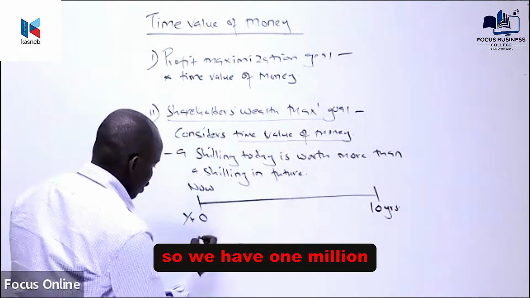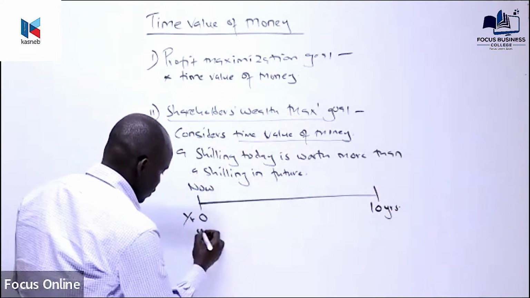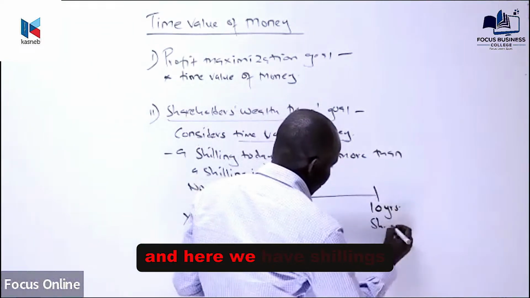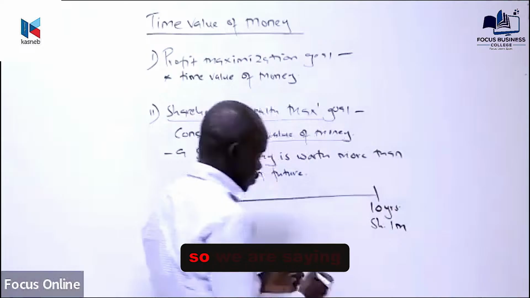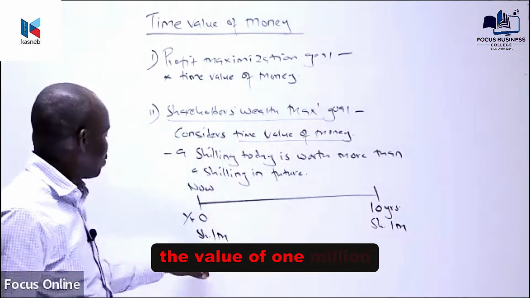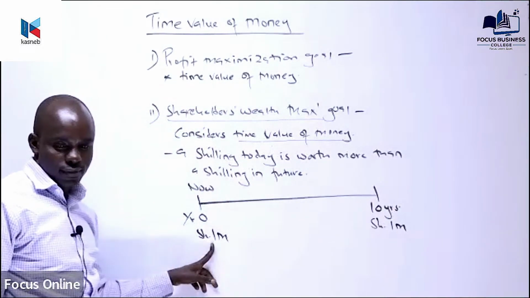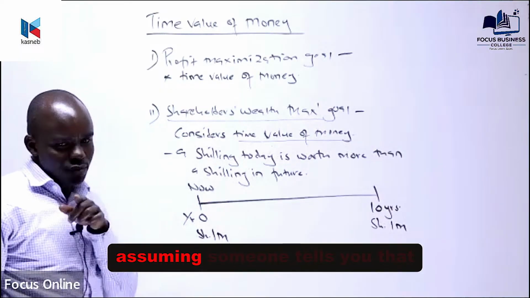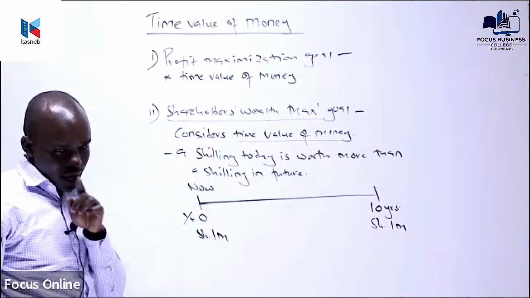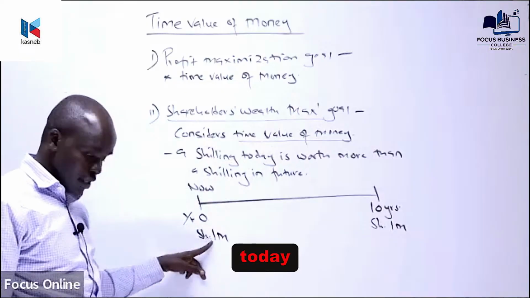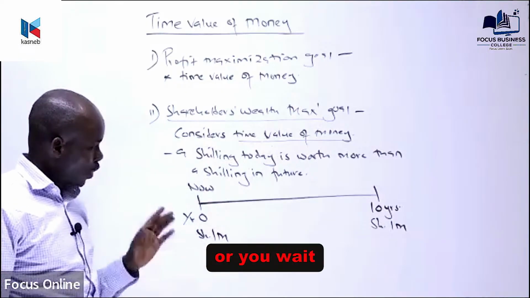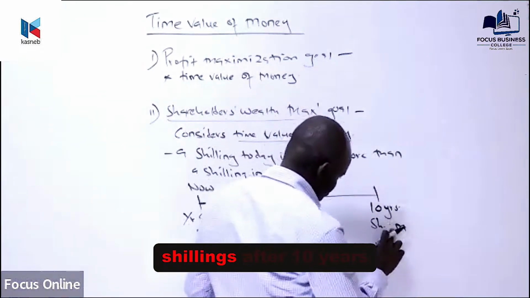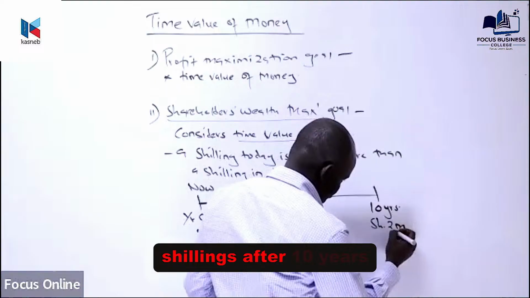So we have 1 million shillings today here, and here we have 1 million shillings. So we're saying the value of 1 million shillings today. If you remember what I said, assuming someone tells you that I give you 1 million shillings today, or you wait, I give you 2 million shillings after 10 years.